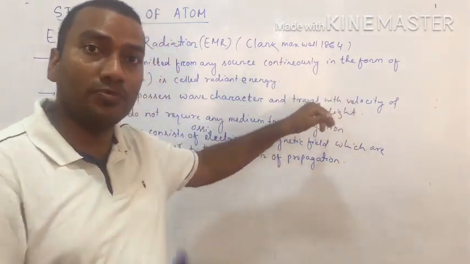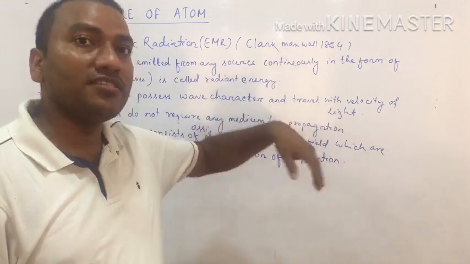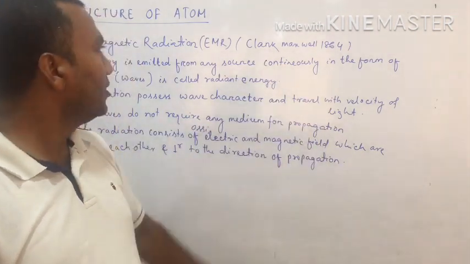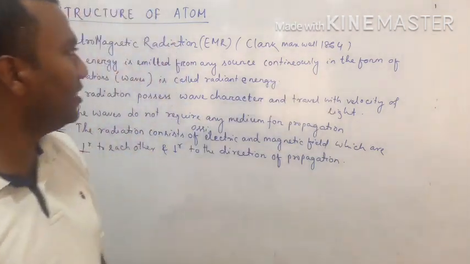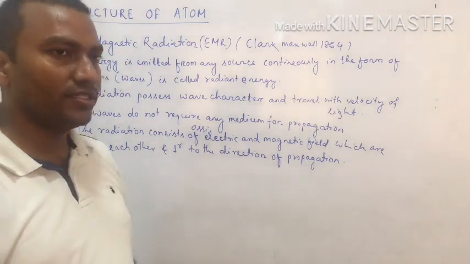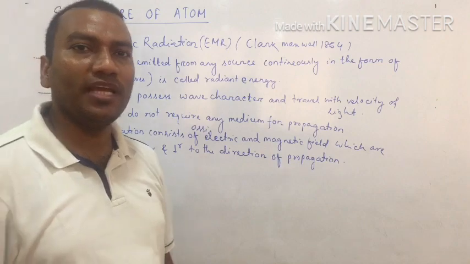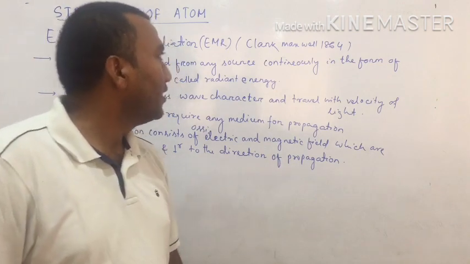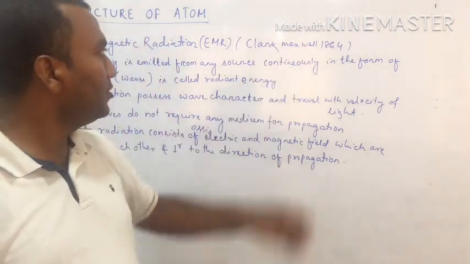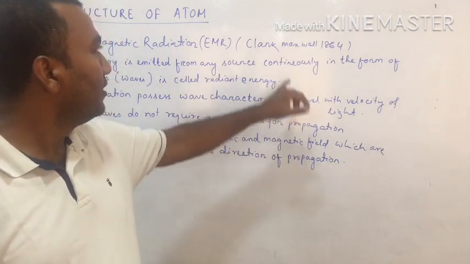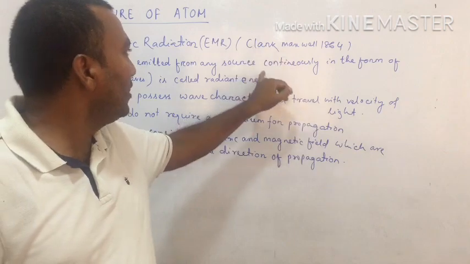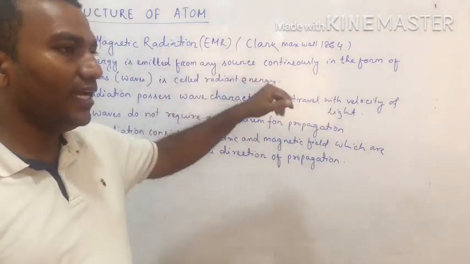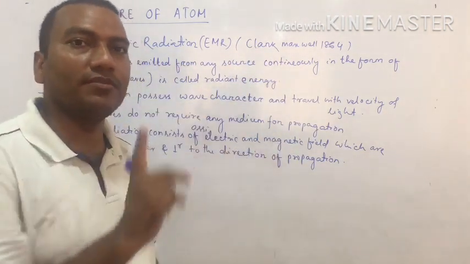But later on it was proved that this energy is discontinuous. Maxwell said that the energy is continuously in the form of radiations or waves, known as radiant energy. And in the previous class also we have read, scientist Rutherford also explained, when matter loses energy, it loses energy continuously.